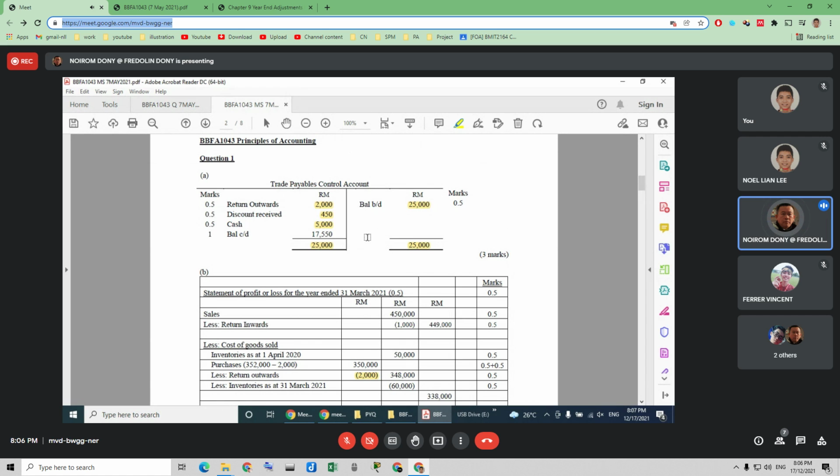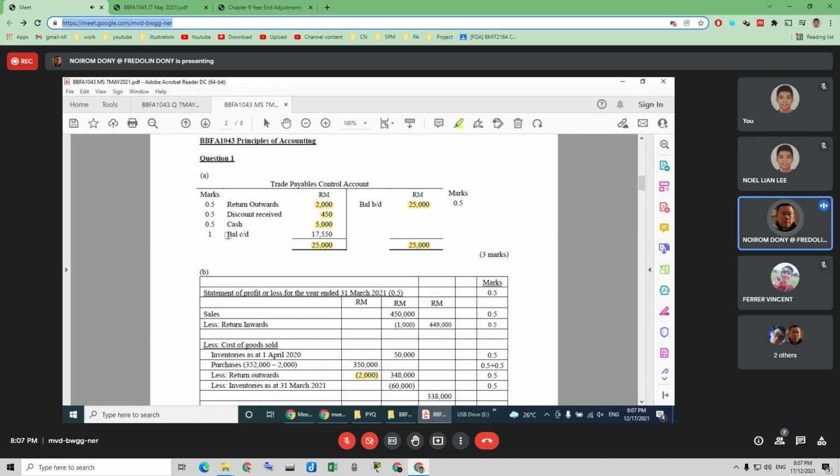Then 2,000 plus 450 plus 5,000. Okay, we cannot get 25,000. So we need a balancing figure. If you minus 25,000 minus 2,000, 450, 5,000, you have a balancing figure of 17,550.